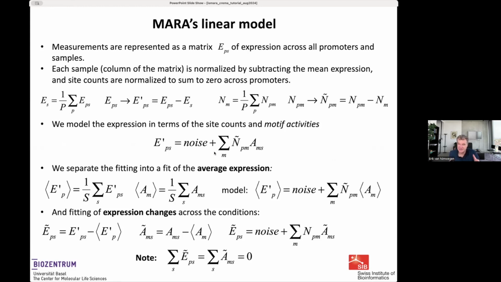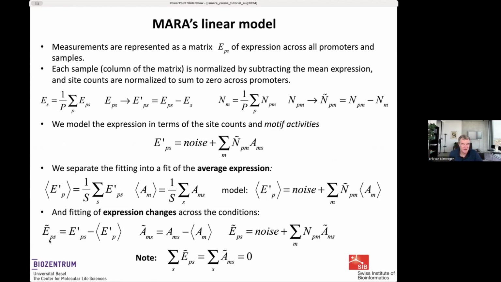And we separate this into two parts. First, we want to fit the average expression in terms of the average activity of each motif. So the average expression of this promoter is just the average across all the samples. The average motif activity of motif M is again just the average of all the samples. So we separately fit this model for these averages.